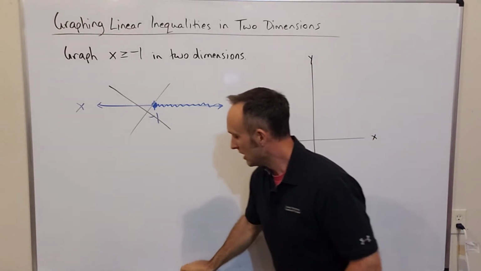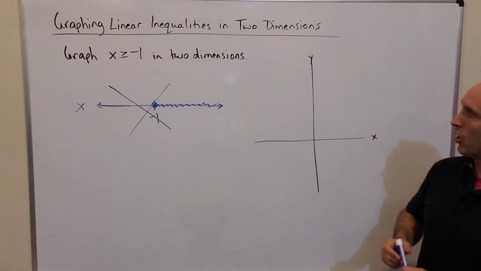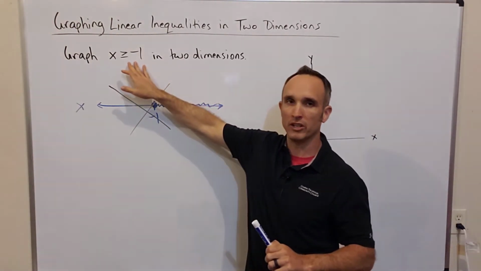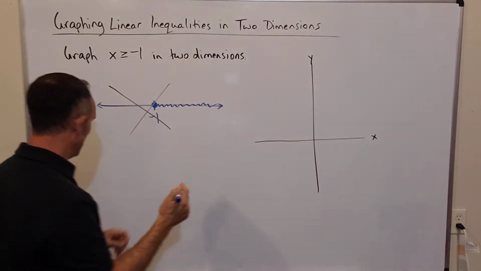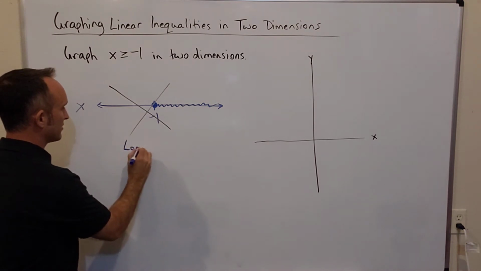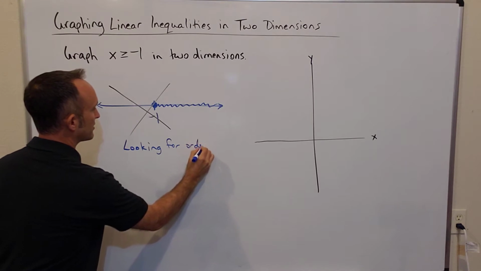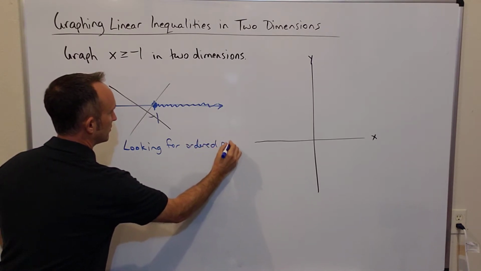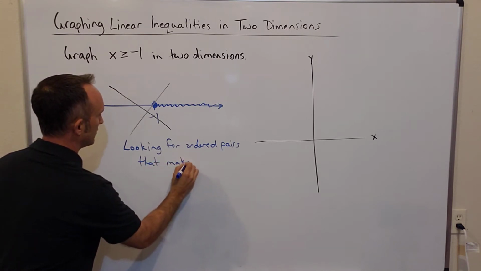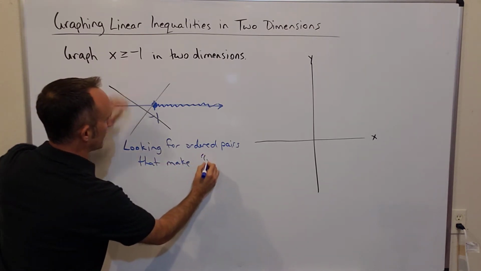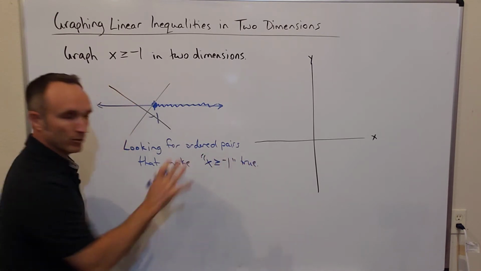Now, what this means is if I want to graph this guy, I want to graph all the solutions to this inequality. In 2 dimensions, I'm looking for ordered pairs, all of the ordered pairs that make this statement, x is greater than or equal to -1, that make that statement true, okay?